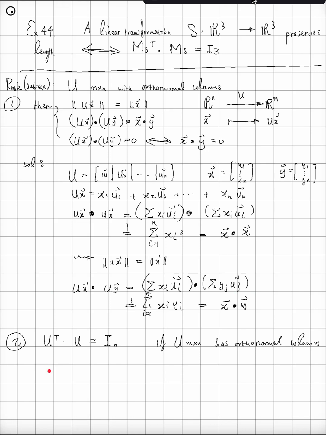Because just by computation, this matrix multiplication is the rows u1 transpose up to un transpose, and then multiplication with u1, u2, un.